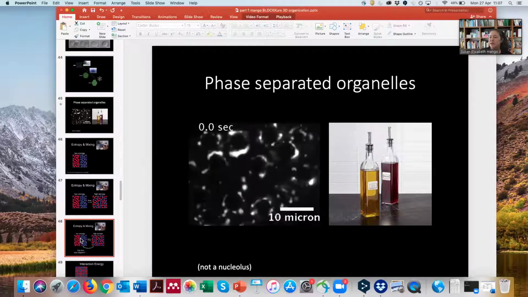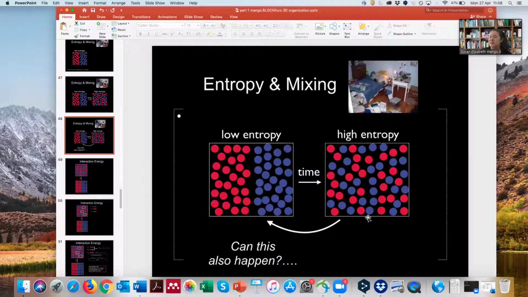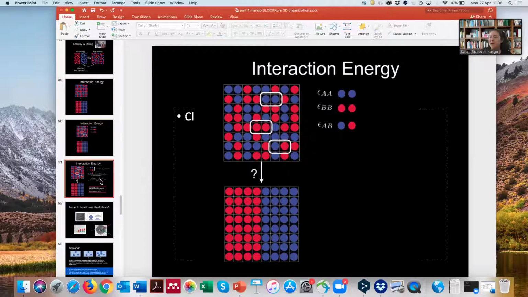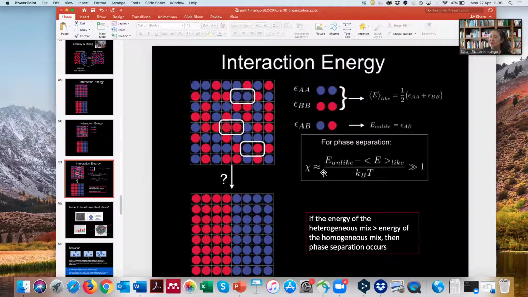And then we discussed going from a mixed state to a lower entropy phase separated state, and what the parameters are to do this. So we started looking at the energy of the interactions between similar molecules and different molecules, and we can actually calculate out the conditions, chi.